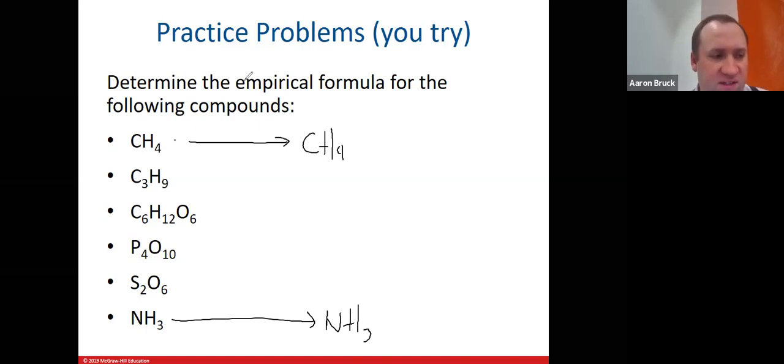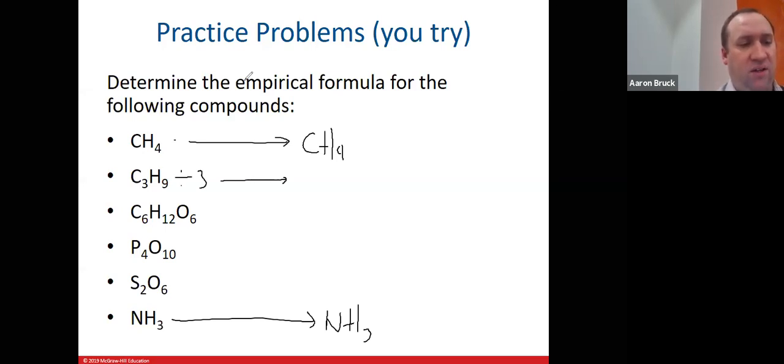For the rest of these, I have to at least evaluate if there is a number that I can divide them by. So in the case of C3H9, sure enough, I can divide each of those by 3, and I get CH3 as a result. Each of these numbers in glucose, C6H12O6, I can divide by 6.